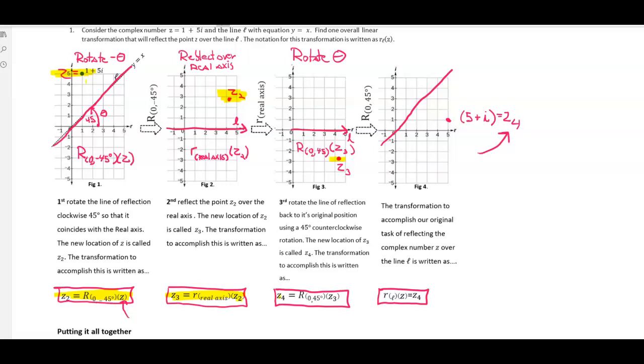Okay, now to get your final answer, take that point and rotate it positive 45 degrees. And it ends up right there. That's Z4. So this is the result. And I don't want this notation, guys, to confuse you. This is the reflection of the original point over the line L. This was line L.